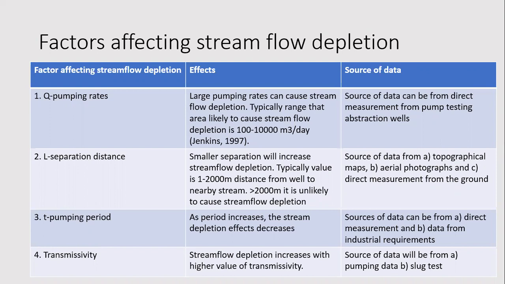You use all of them. Not one factor alone can affect the stream flow depletion. The source of data can be from the pumping test data or the slug test. These are the geohydrological terms where you can get the transmissivity data, if you want to do your modeling and check how these factors are affecting the stream flow depletion.